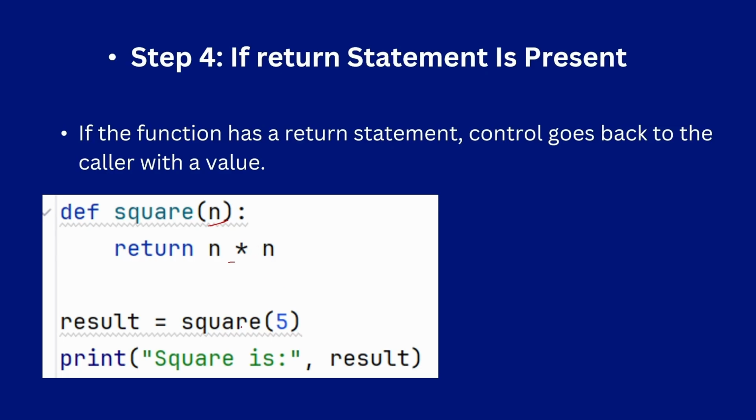When we say square of 5, n becomes 5. So 5 times 5 is 25. So the result is square is 25, and we get this output.